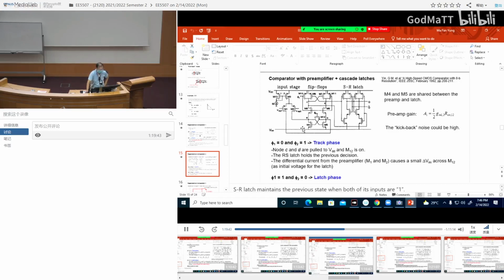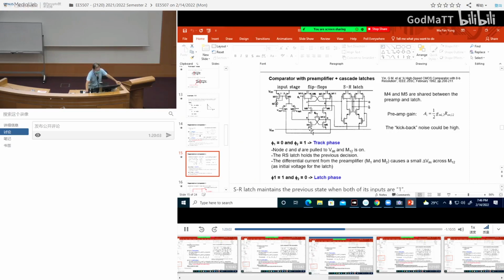It is here. So basically, they have shared the preamplifier load with the latch circuit.